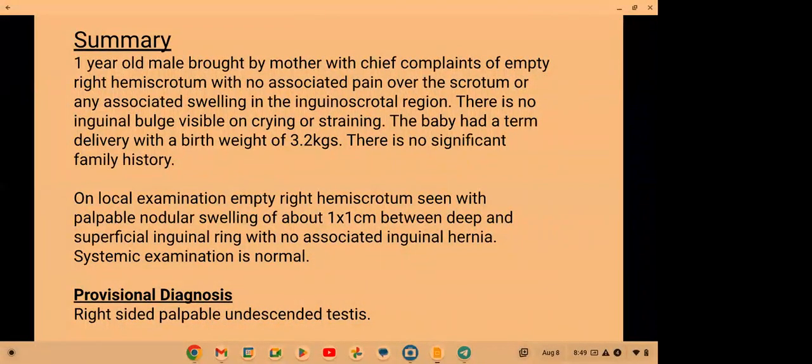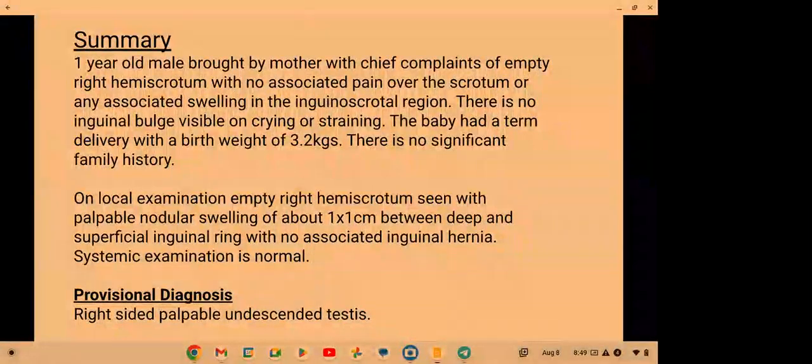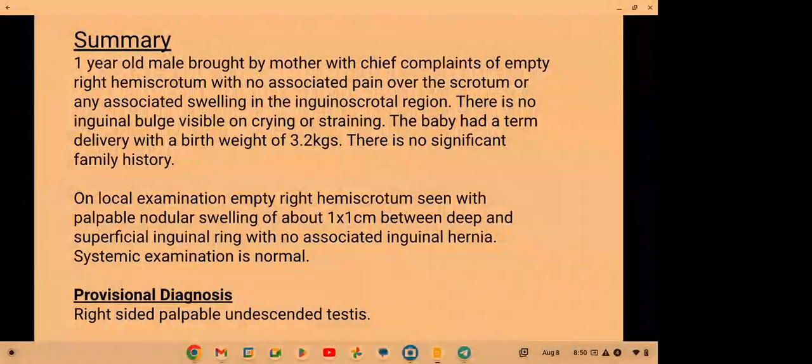It can ascend, and there can also be atrophy, and there can also be malignancy of the testis in later period, as an undescended testis still has a chance of conversion to malignancy even after orchidopexy. So that's why the parents should be asked for regular follow-up of the child.